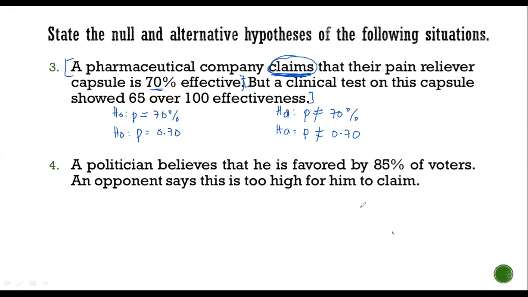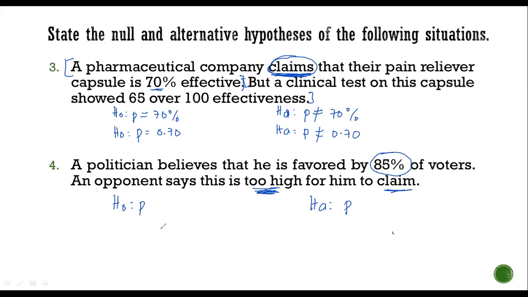Number 4 tayo. A politician believes that he is favored by 85% of his voters. Ito yung sinasabi ko. However, an opponent says, masyadong mataas yung claim mo. So kung kanina walang effect yung second statement dun sa claim, dito meron. Masyado kang ambisyoso, masyadong mataas yan, yung 85%. So isulat natin, this is proportion, naka-percentage. Ha, proportion.